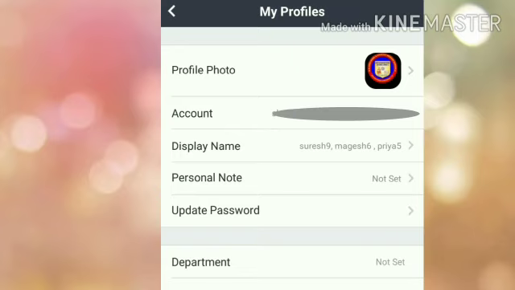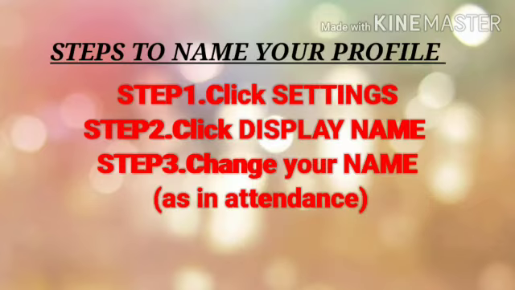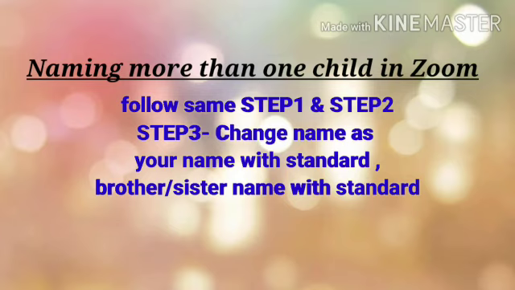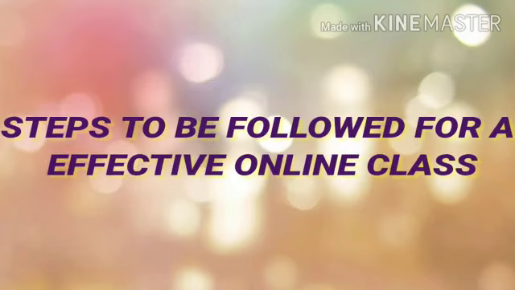This denotes three children using the same ID: Suresh 9th standard, Magesh 6th standard, Priya 5th standard. This is how you have to name your profile. I gave you the steps to change your profile name. This is the step you have to follow to name more than one child using the same ID.